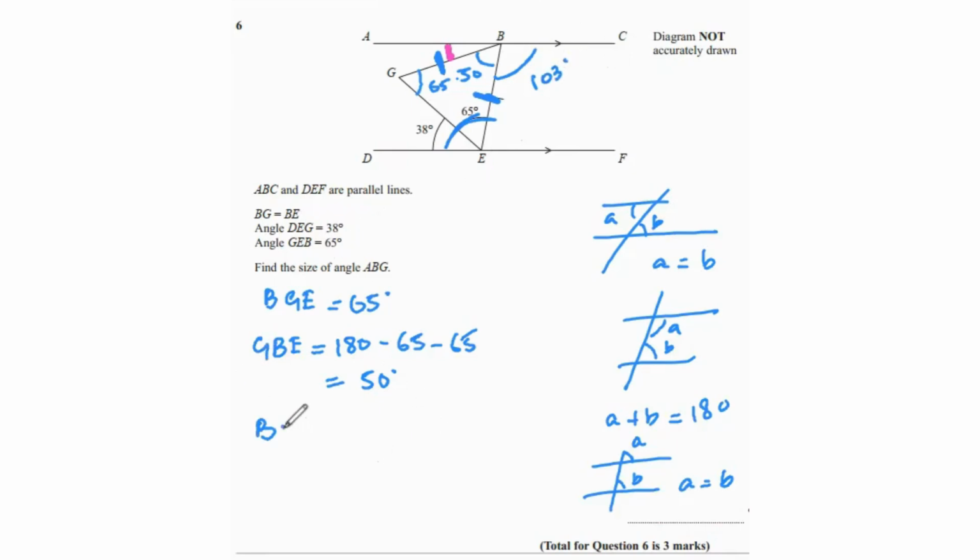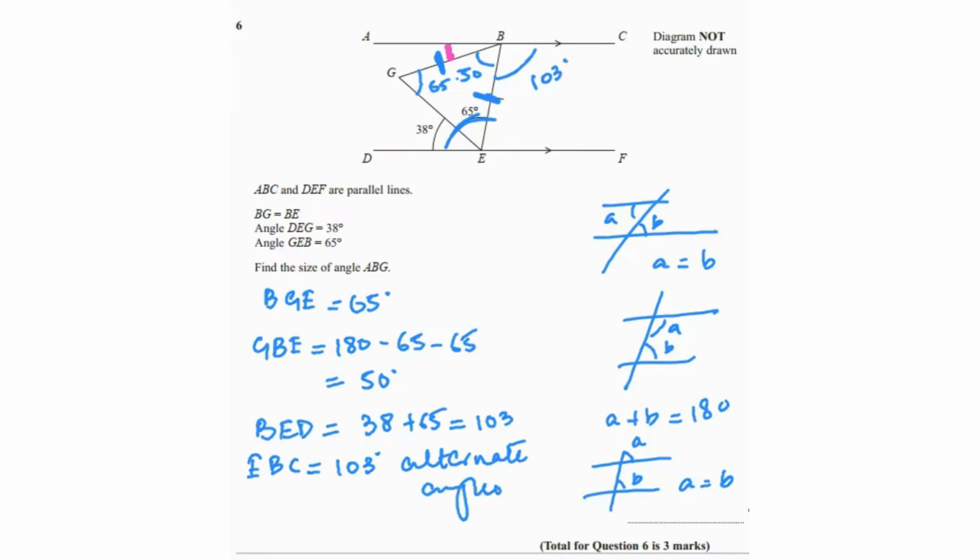So BED is 38 plus 65, which is 103. And EBC is also going to be 103 because they are alternate angles. Let me just remove this.